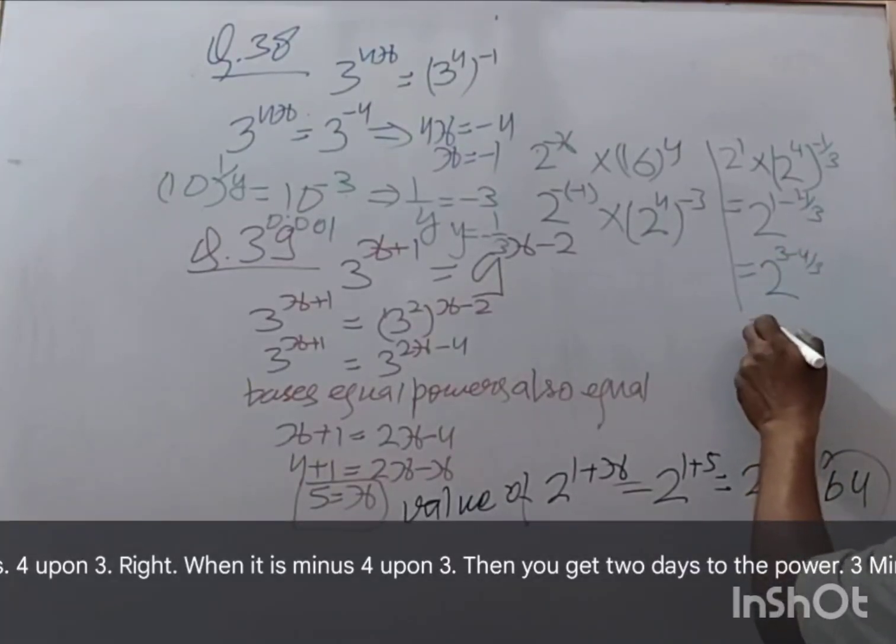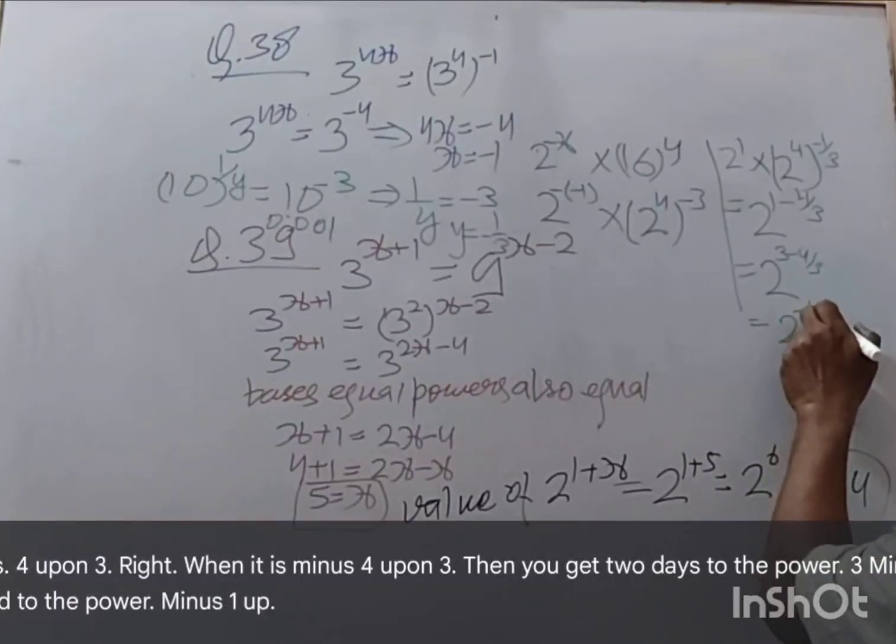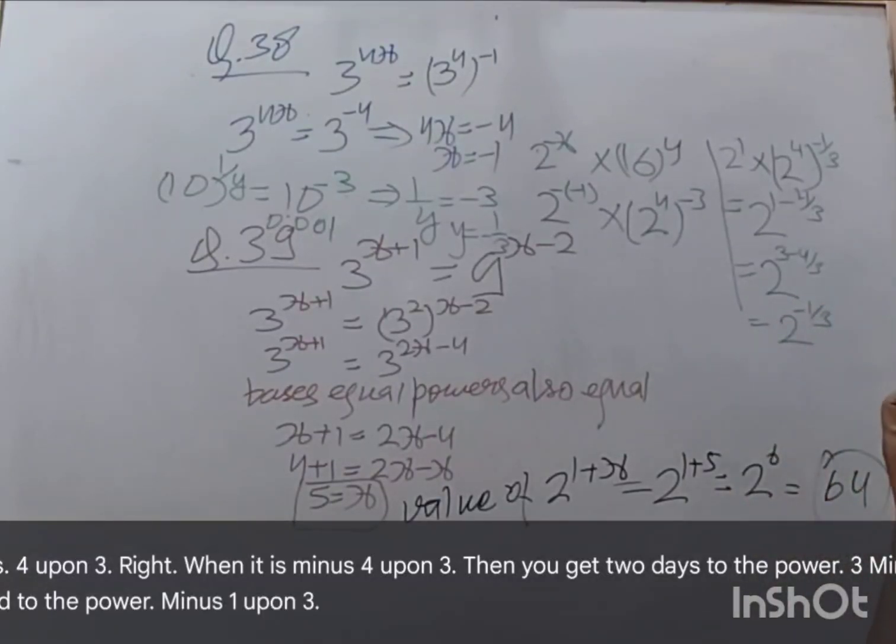So you get 2 raised to the power -1 upon 3. Is it?